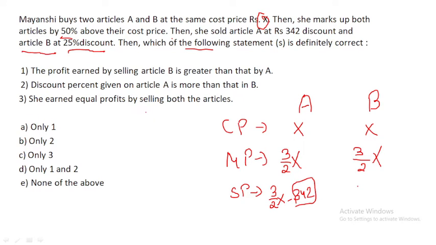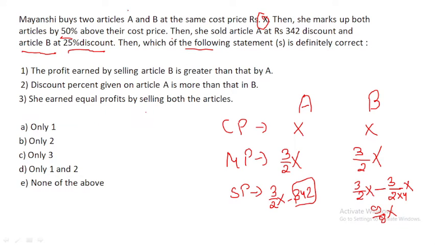So 3 by 2x, right? Discount will be given on marked price. So 3 by 2x minus 1/4 of the 3 by 2x, because 25% discount. So 3 by 2x minus 3 by 8x. So what we will get? 9 by 8x, right?